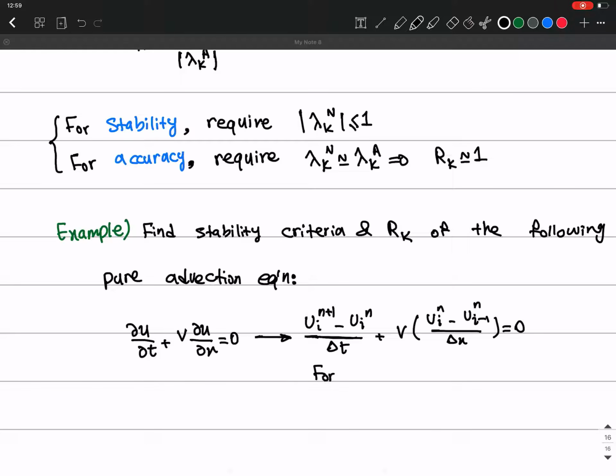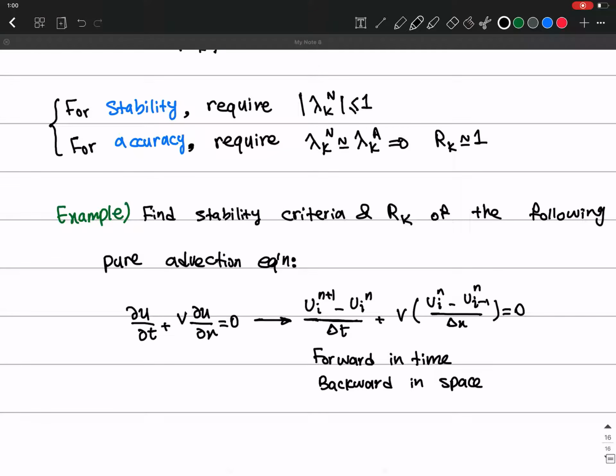So this is forward in time and backward in space. Okay, so let's see how we can do this.